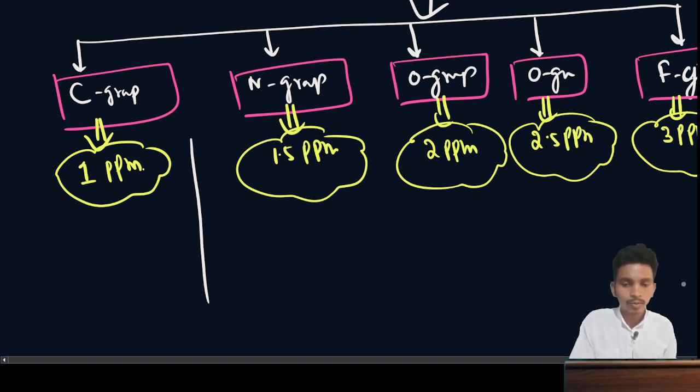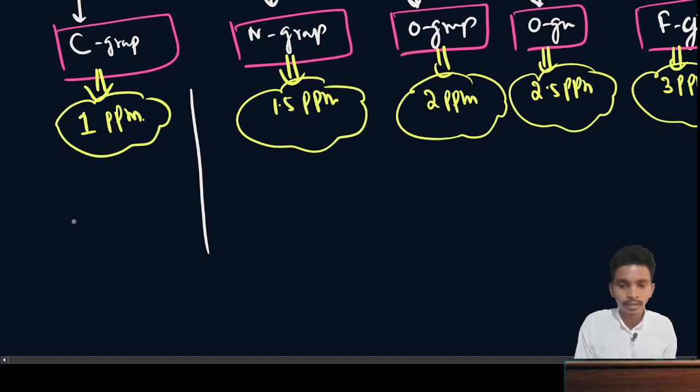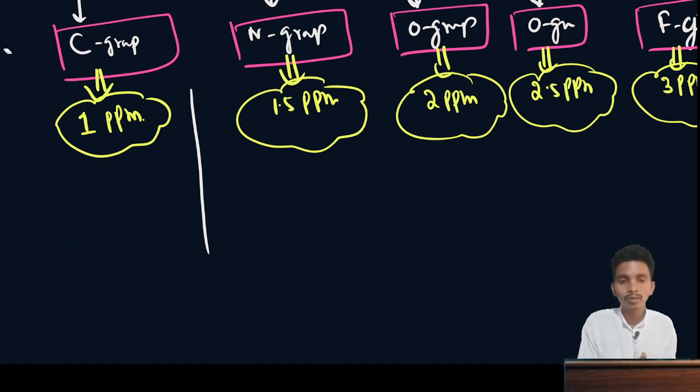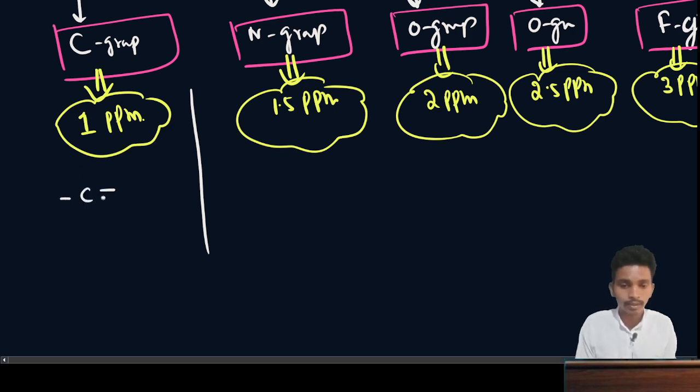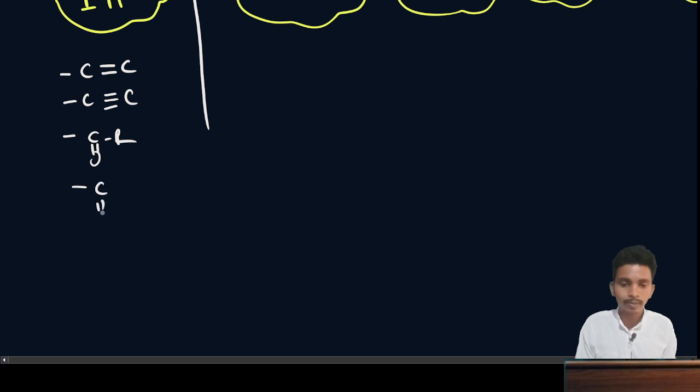what are the carbon groups here? Like all the carbon groups. Note that whenever I am writing this type of groups, carbon group means all the carbon groups will lie here. So let's say this carbon, it may be double bonds, or it may be triple bonds, so whatever the group, that will all increase by 1 ppm, or it may be any electron donating groups, or any electron withdrawing groups.